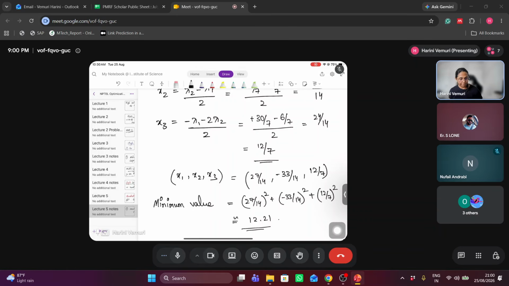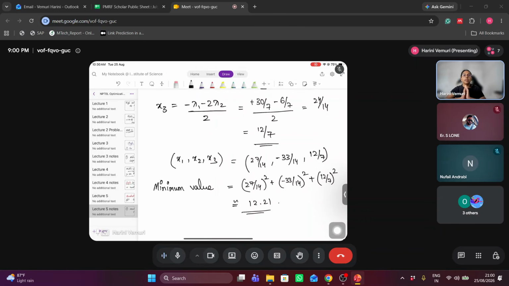Okay. So is this clear how we are applying the Lagrangian method for optimization when we have equality constraints? Okay.